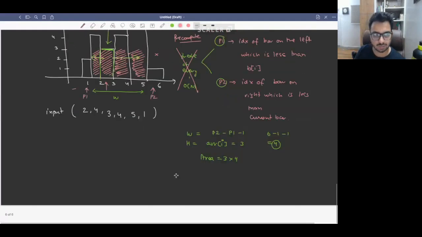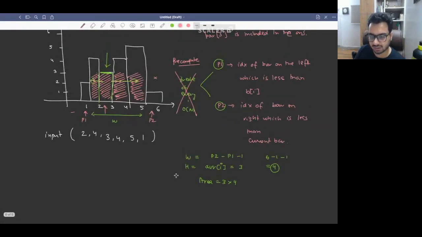So what I need to do is compute the P1 array which stores the index, right? So maybe I'll do it for this array. Let us write P1. What is to the left of 2? I don't have anything, so I'll store -1. What is to the left of 4? 2. So the index is 0, right?